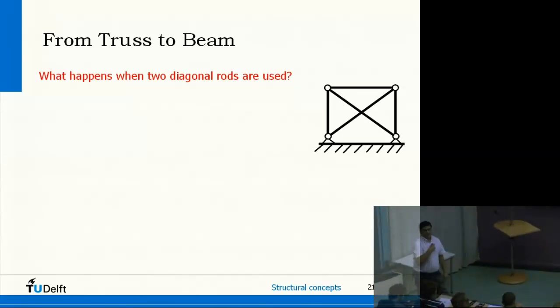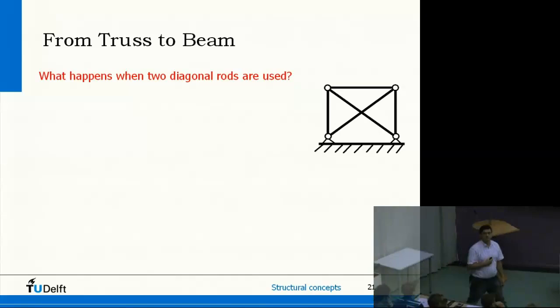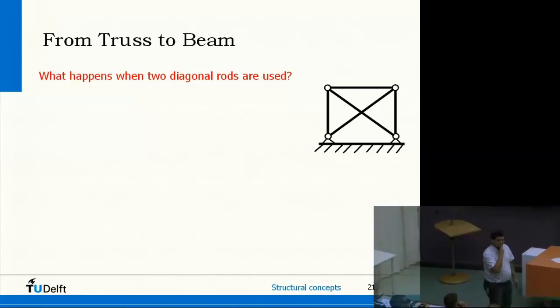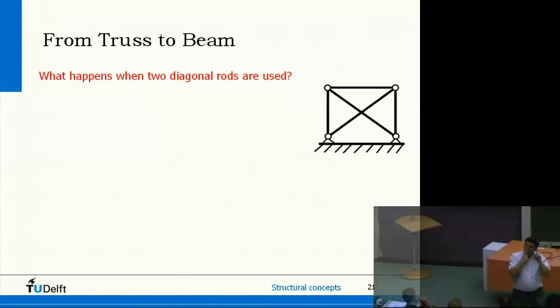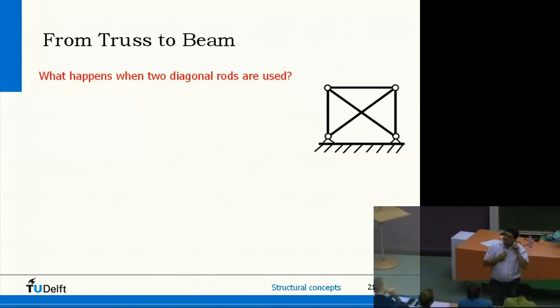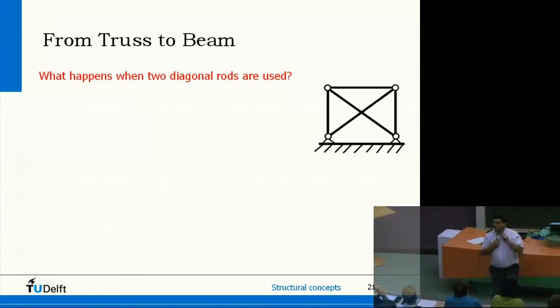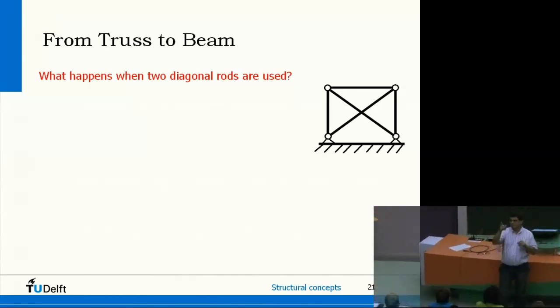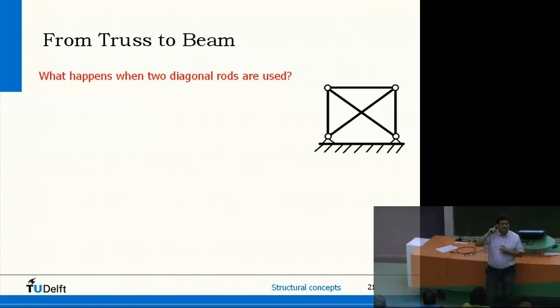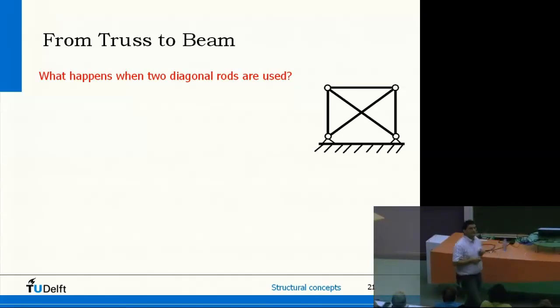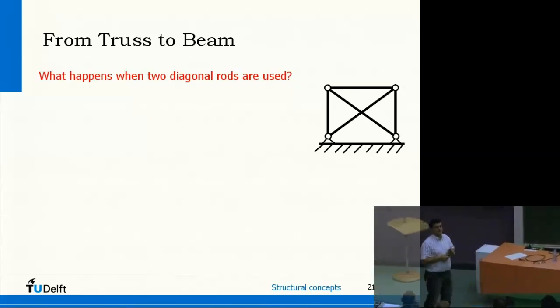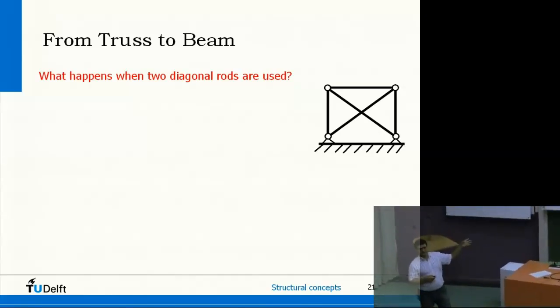What's the advantage of this one? Very strong. Better stability. Redundancy. Yeah, coming close. What happens if one of these elements fails?